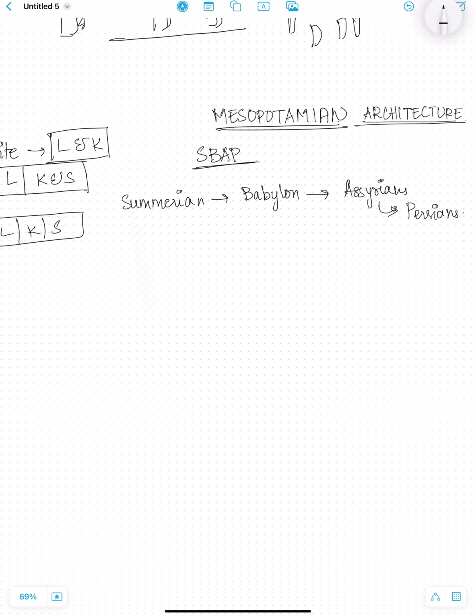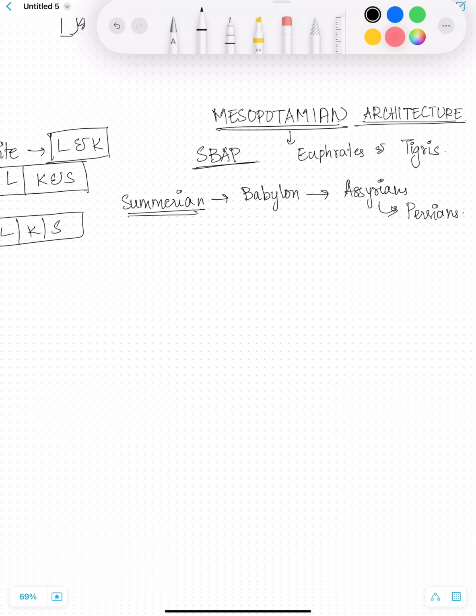So we'll first talk about the Sumerian civilization. No, before that, Mesopotamian civilization was based off 2 rivers, Euphrates and Tigris.